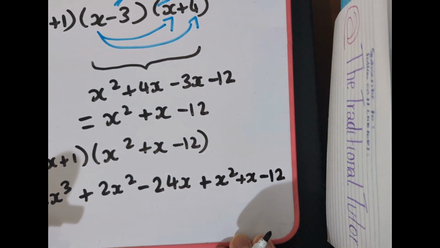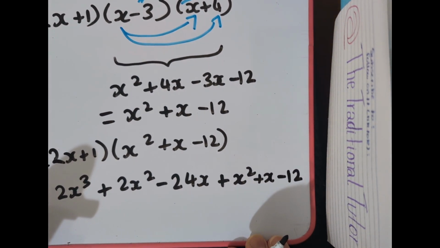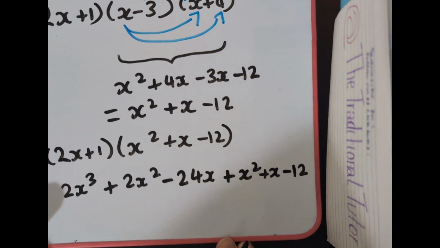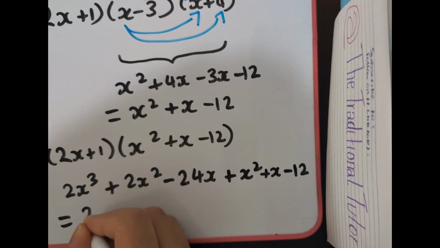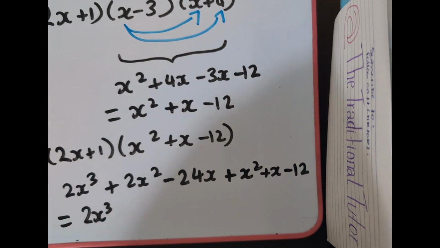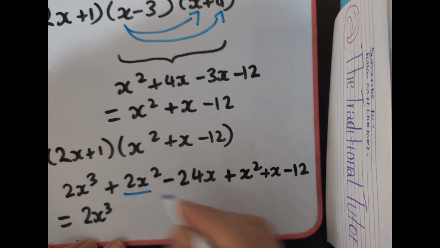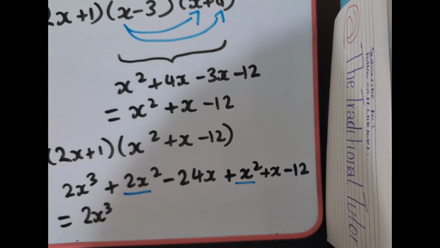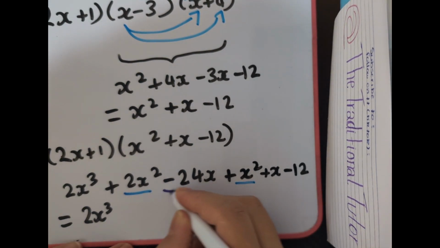Okay, so now I've just got to collect all of my like terms together, which finally gives me 2x cubed plus 2x squared. Okay, I've also got another x squared here. So I'm just going to underline these to make it easier for us to see what we're collecting.